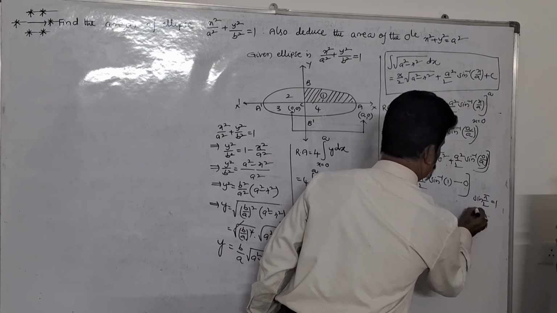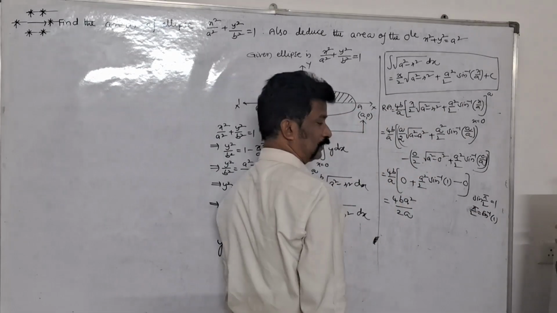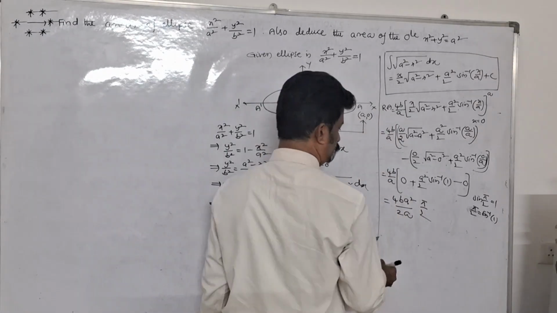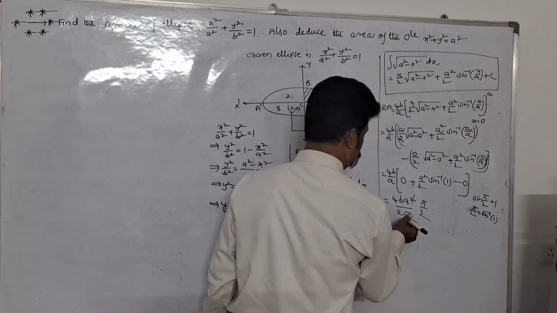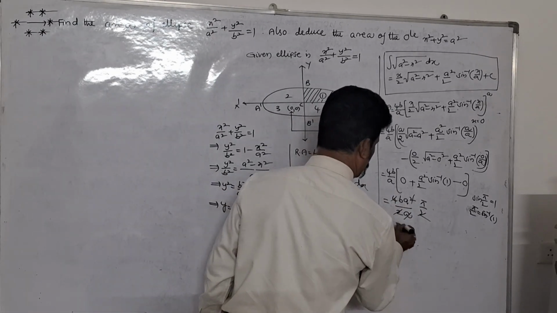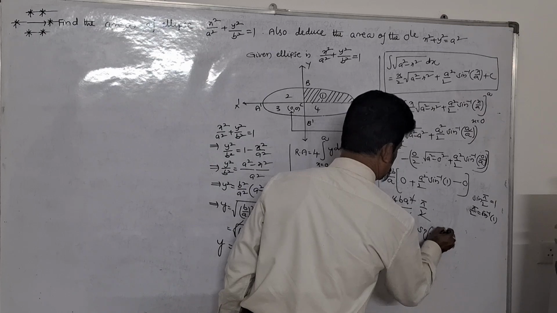So 90 is equal to sin inverse of 1. Sin inverse 1 is equal to how much? 90. Here 1 a cancels and 2 into 2, 4 cancels. What will we get? Pi ab square units.